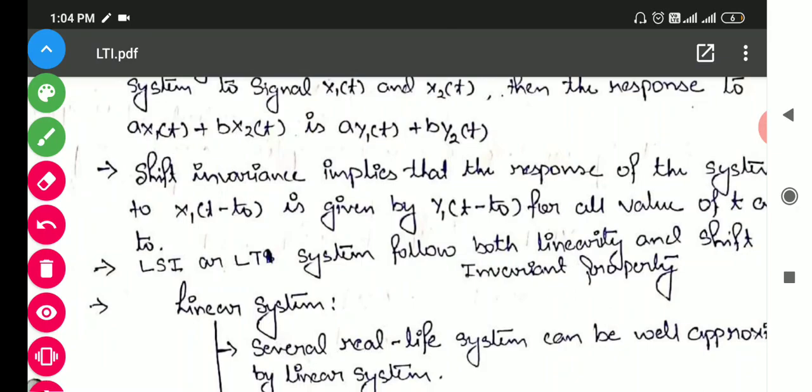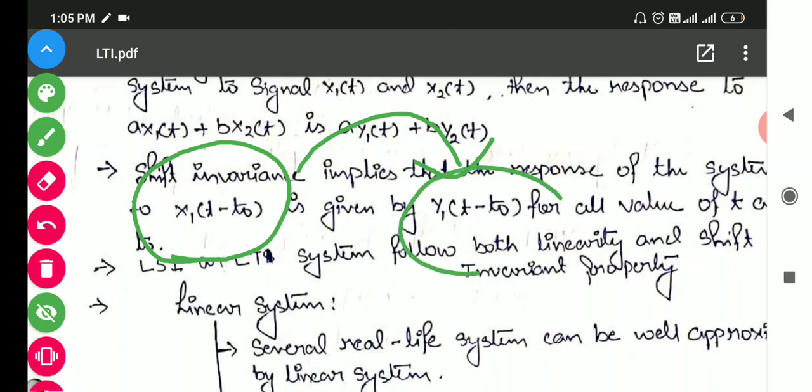It means a delayed input results in the same delayed output. When the input is delayed by t0, meaning the input is x1(t minus t0), the output should be delayed by the same delay, so the output is y1(t minus t0).